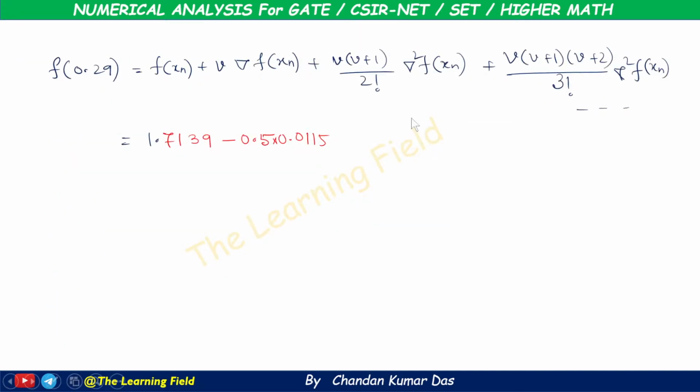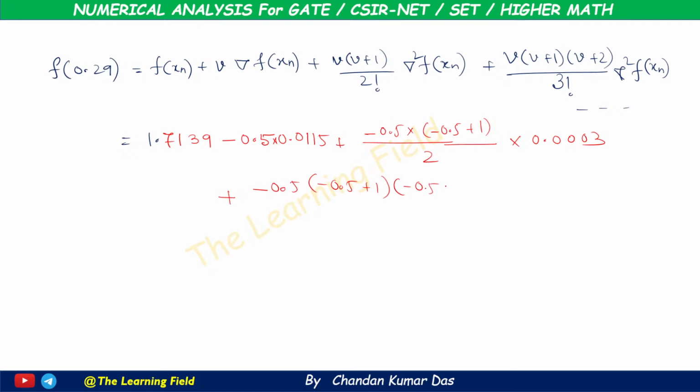Okay, so we write this plus minus 0.5 into minus 0.5 plus 1 by 2 factorial, which means 2, into delta square f xn, which means 0.0003, and then again plus the term minus 0.5 into minus 0.5 plus 1 into minus 0.5 plus 2 by 3 factorial, which means 6, into minus of 0.0001.